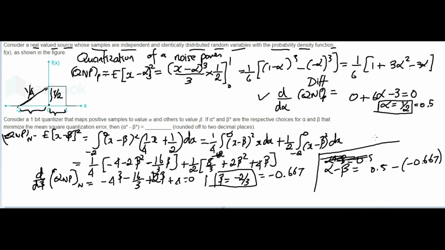If you do so, you'll get the final answer, approximately 1.167, and that's your right answer. So the final answer could be 1.162 or 1.169. In this range you can write any value, that's okay.